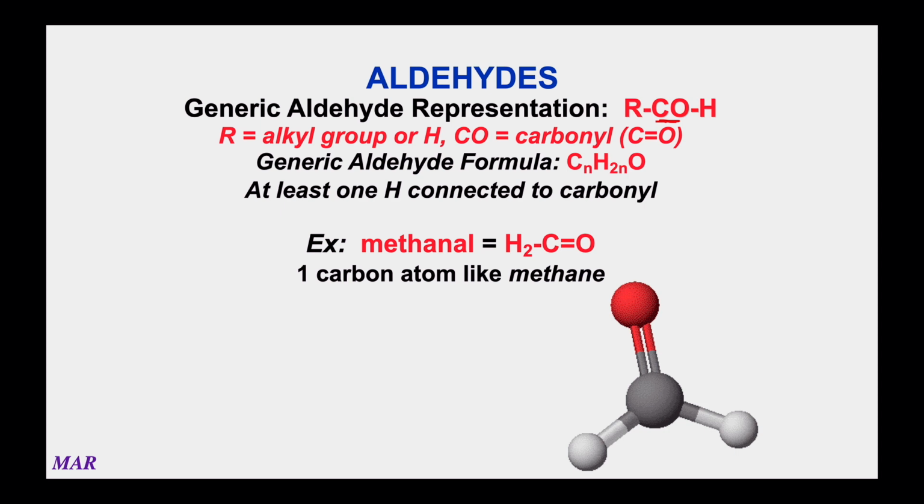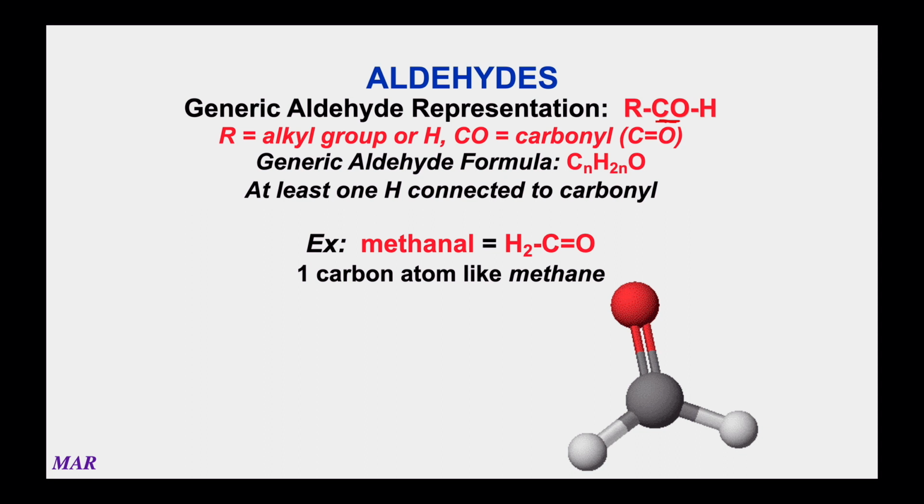The simplest of the aldehydes is methanal. If you have a C double bond O with hydrogens on both sides, and that's what the picture is there on the lower right, that is methanal. Methanal, the name comes from methane, which is a 1-carbon system, but because it's an aldehyde, it's given the symbol al at the end.